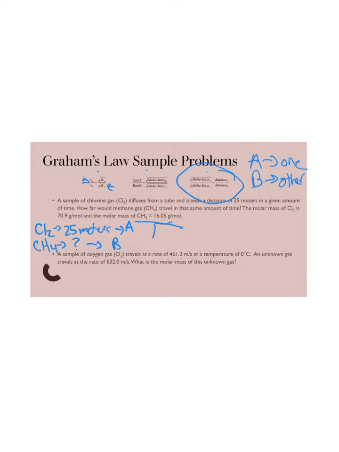So the square root of 16.05 grams per mole. We'll use the units, and we'll talk more about that later. Let me write that a little bit nicer.